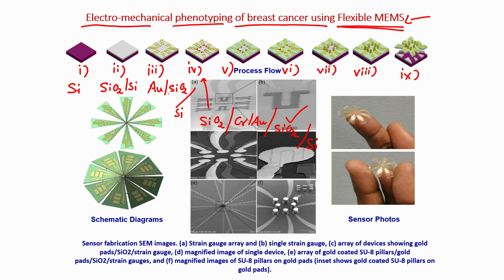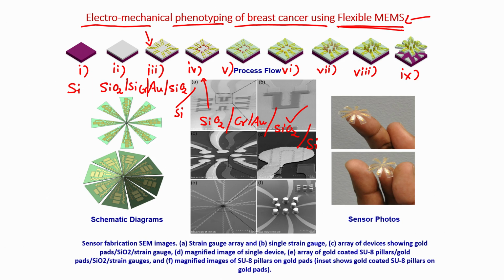And how do we do that? You know it, right. For patterning this we are using a photolithography technique. That means that we will deposit chrome gold, and then we will pattern chrome and gold with the help of photolithography.